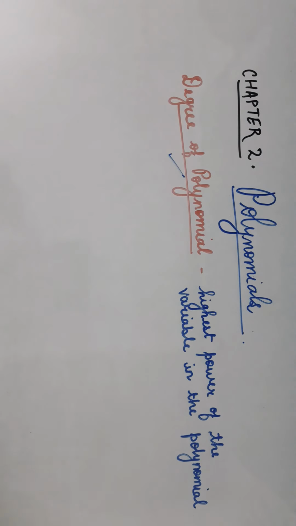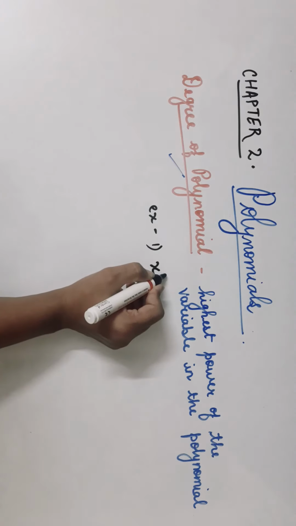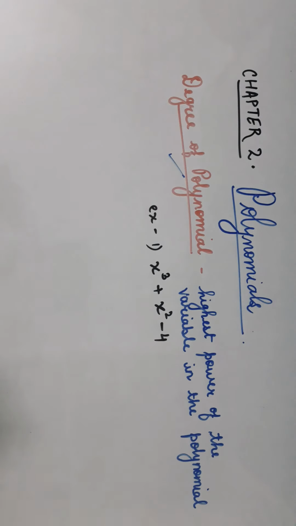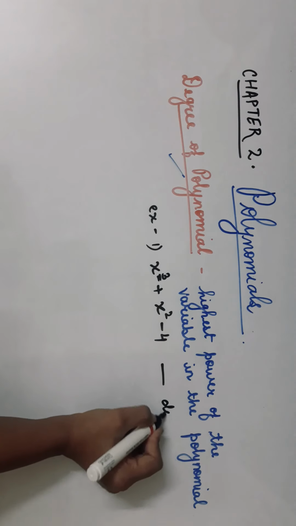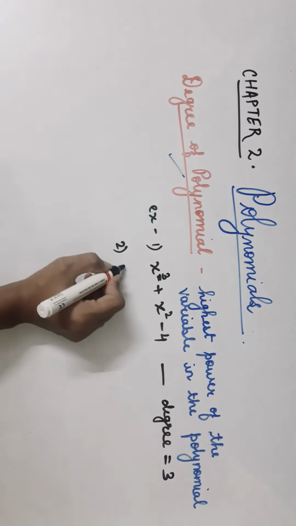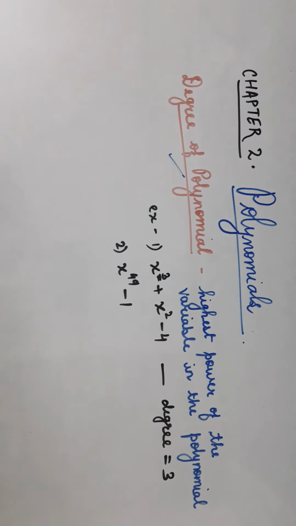So now let us check some examples. Let us take one example, x raised to 3 plus x square minus 4. So what is highest power? 3, right? So what is degree? Degree of this polynomial is 3. Then second example, x raised to 49 minus 1. What is highest power in this polynomial? 49.